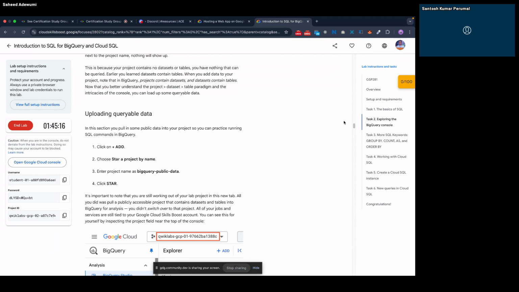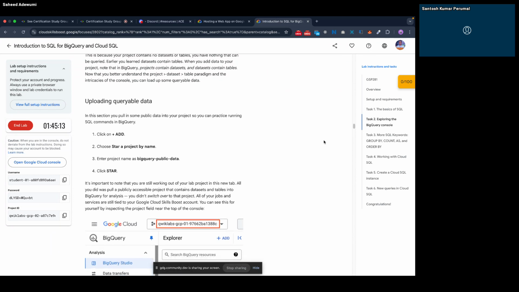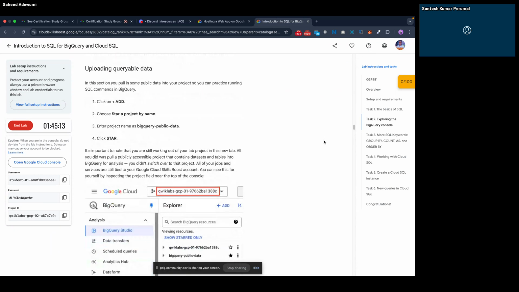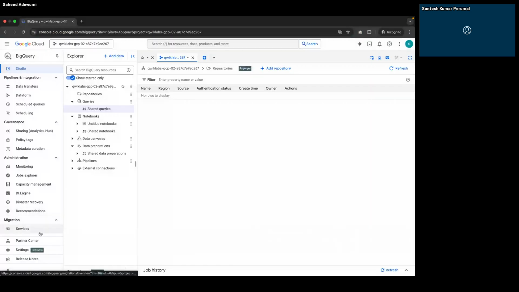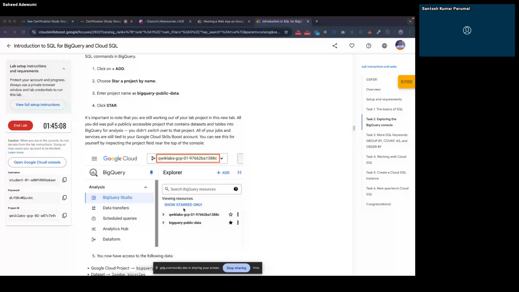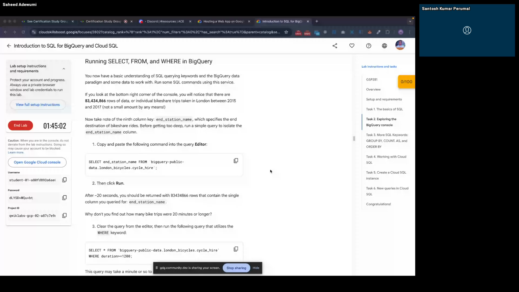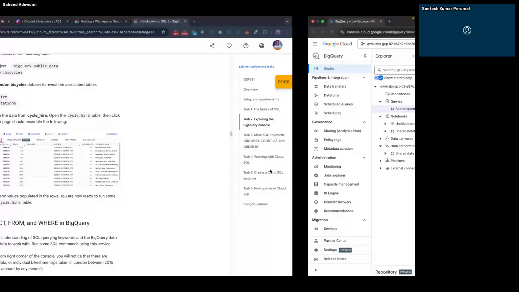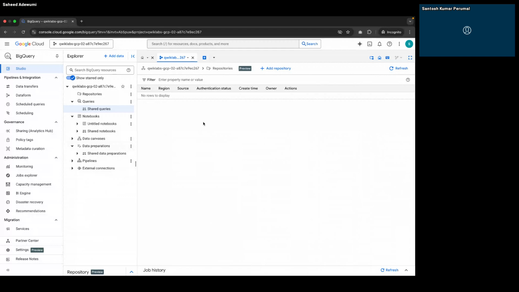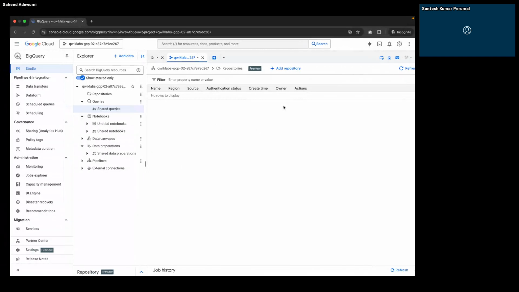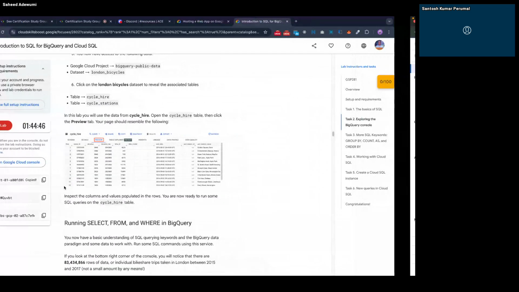Sometimes there is a system error, just like what we have today, because by default we're supposed to have the exported BigQuery public data, and we can do the next task with it. But right now it's missing, so I don't know why. I've been suspecting the login, whether I'm using the wrong account. It's the same account.